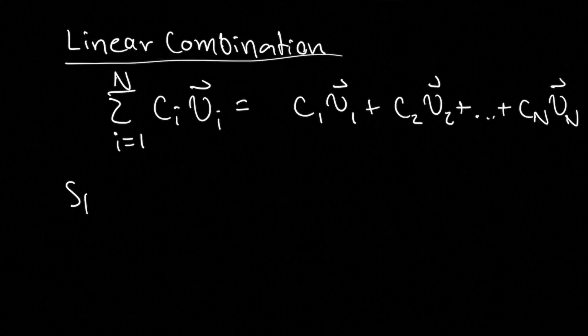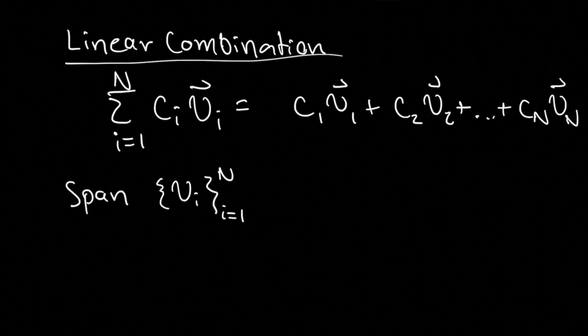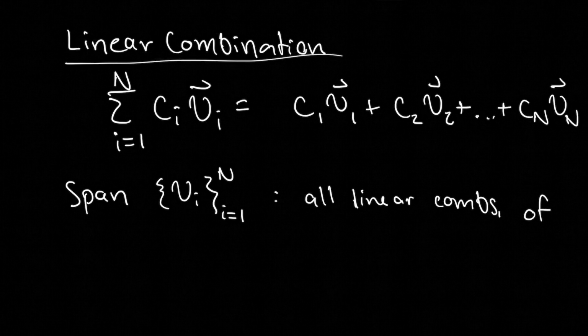Now, imagine that these vectors v1, v2, vn are fixed. Then we can talk about the span of that set. When I write vi in curly brackets with these subscripts and superscripts, it means the set of vectors v1, v2, all the way up to vn. And the span of that set of vectors is all linear combinations of the form shown above.